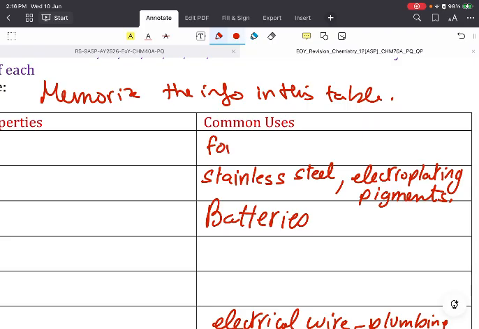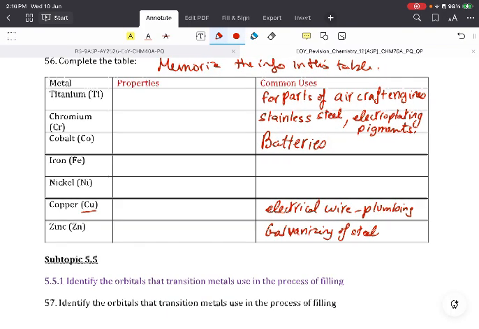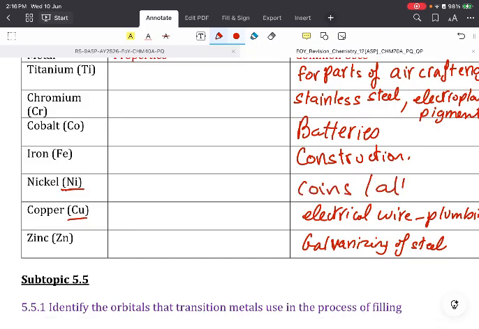So common uses, it's used for parts of aircraft engines. Now, cobalt, I said, in batteries. Iron is used in buildings, in constructions. That's a very common use of iron. And nickel is used in coins and alloys.